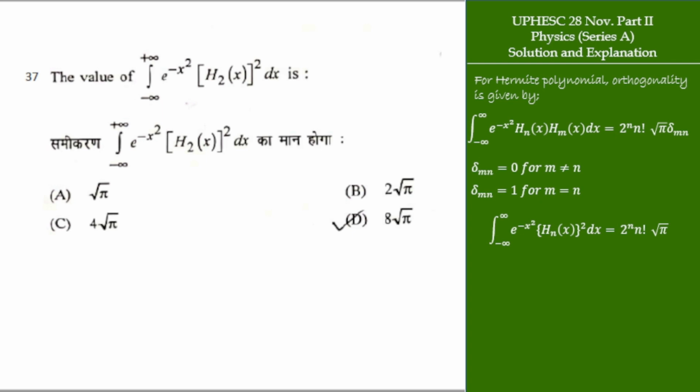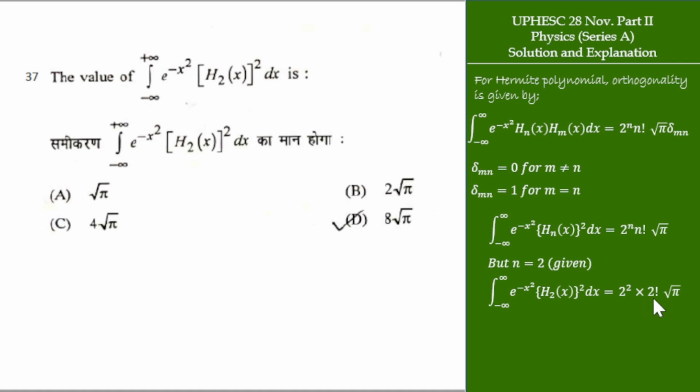So if we compare this expression with the given problem, you will have the value of n equal to 2. So for n equals 2, in the right hand side you will have 2 to the power 2 multiplying by factorial 2 multiplying by square root of pi.